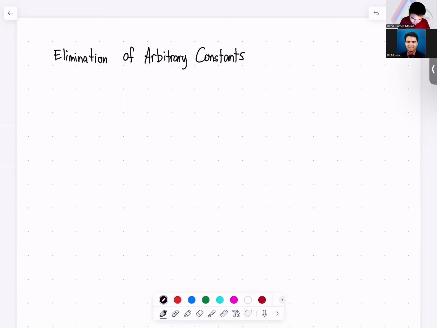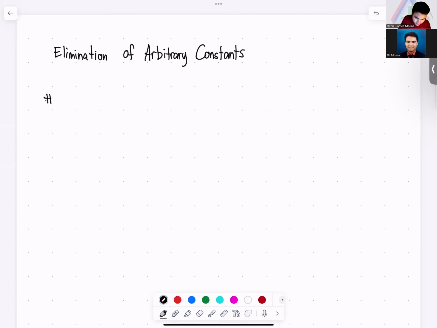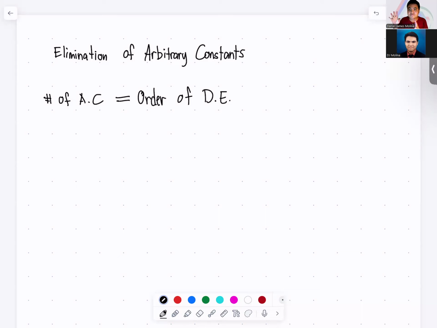So just take note that the number of arbitrary constants is equal to the order of the differential equation. In short, when it comes to elimination of arbitrary constants, we need to differentiate the number of times equivalent to the number of arbitrary constants.